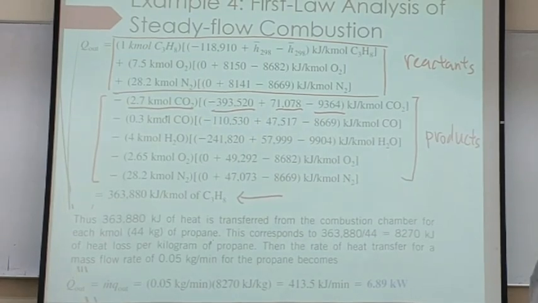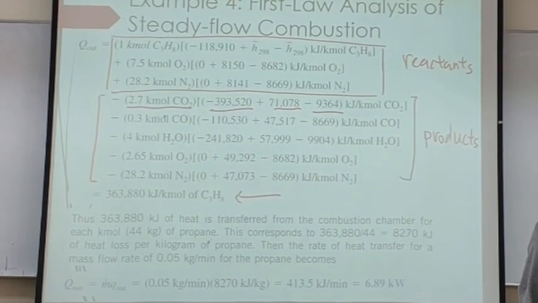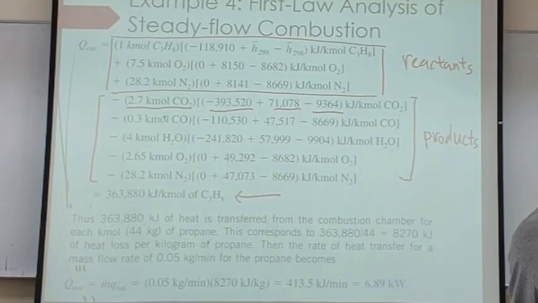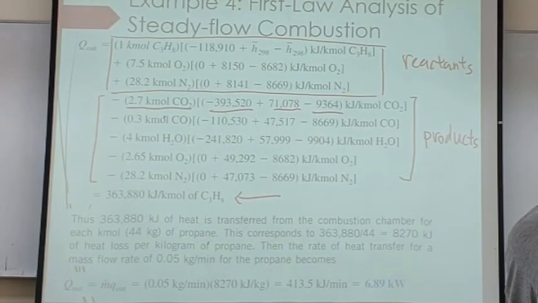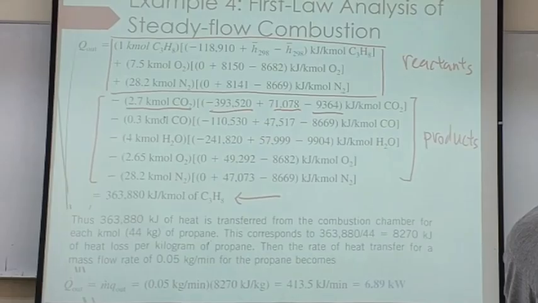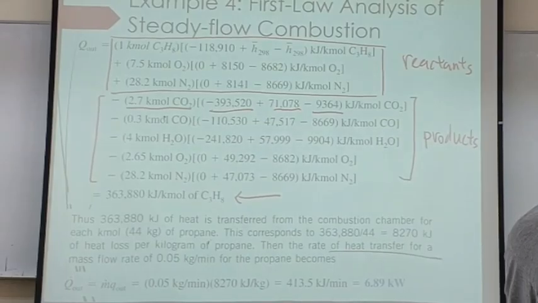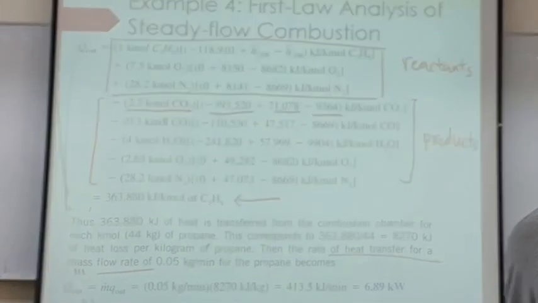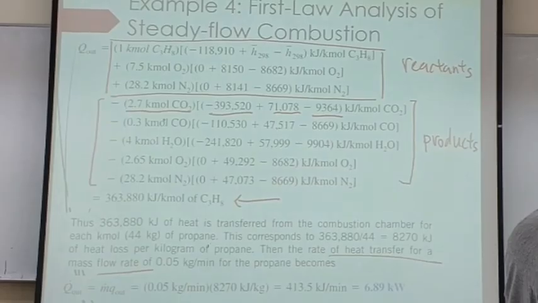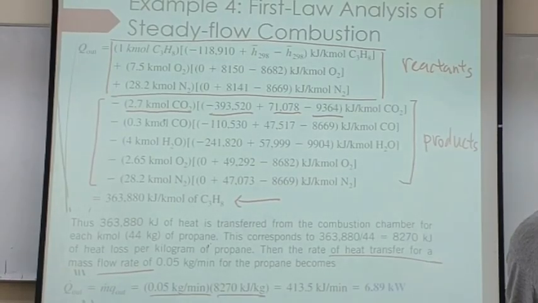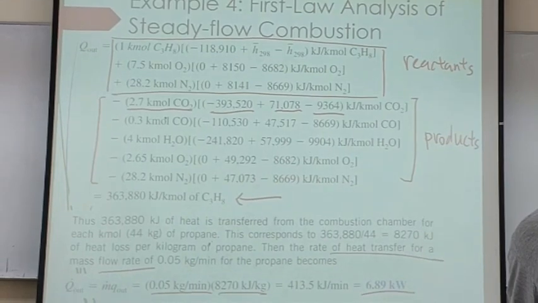So if you want to find the heat loss for every kg, then you divide by 44, because that's the molar mass of propane. So why do we do this? Because we want to find the mass flow rate. You want to find the actual heat transfer rate. So then you multiply this with the mass flow rate of the fuel, then you get the heat transfer in terms of kilowatts.